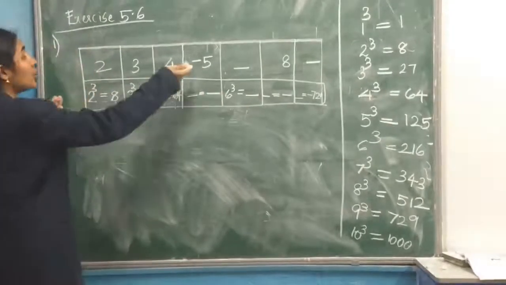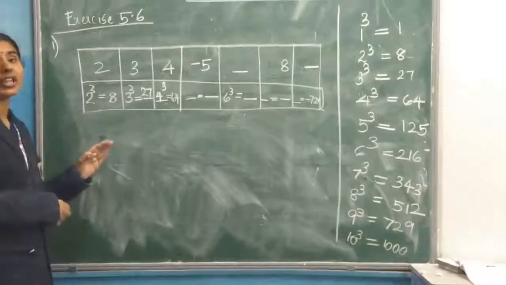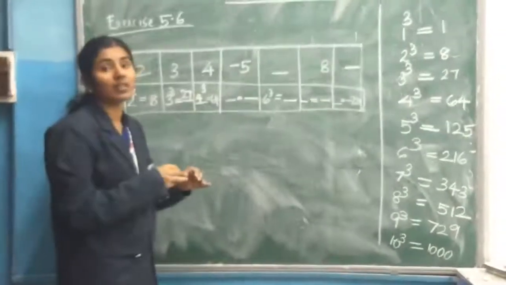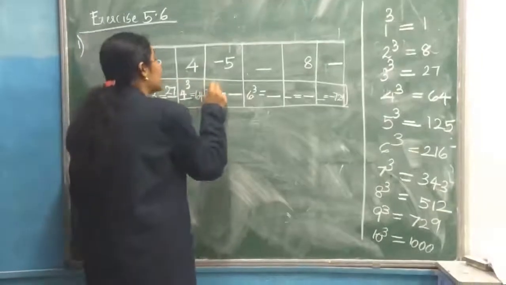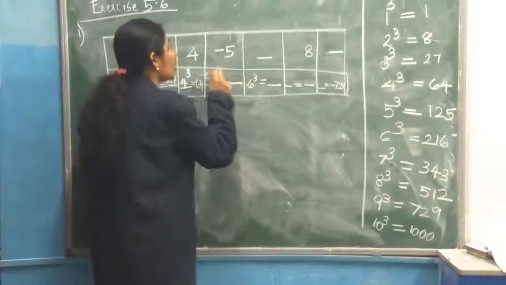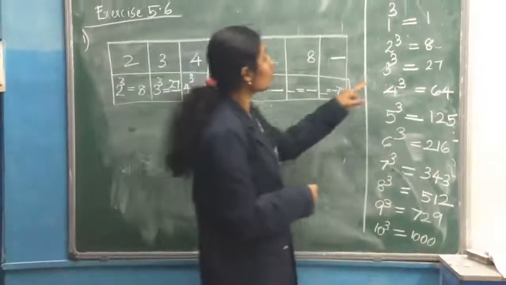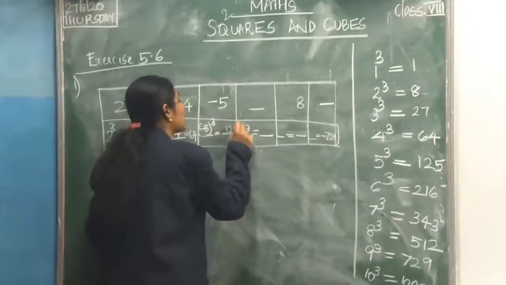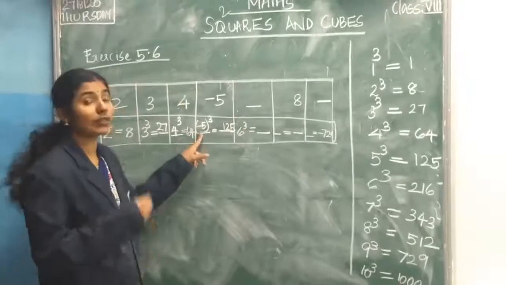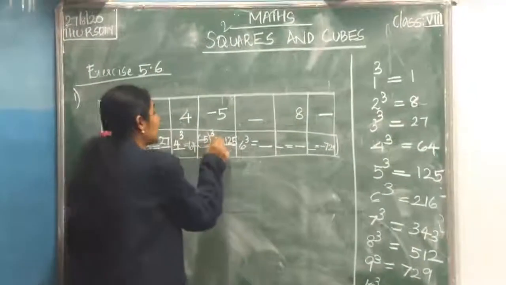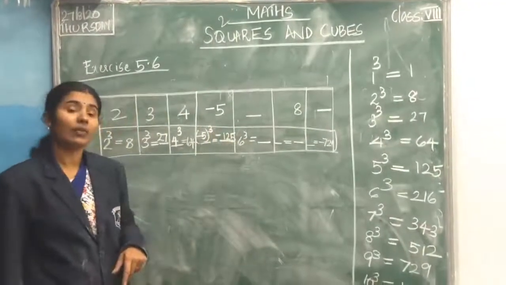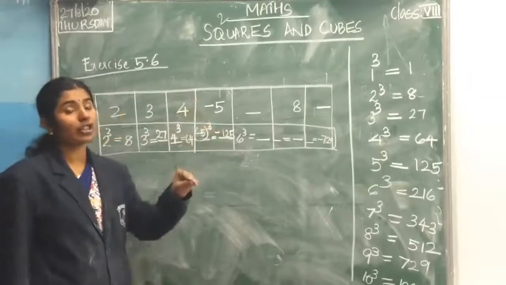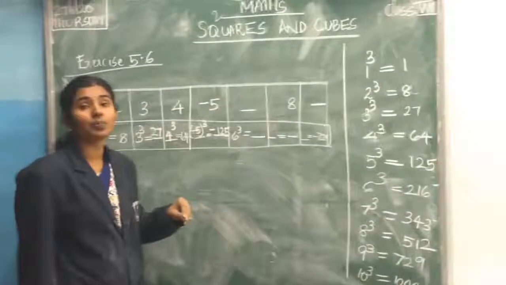Whichever number they are giving, you should take its cube and write down the answer. So -5 means -5 cube. What is -5 cube? 5 cube is 125. If you are taking the cube of a negative number, you should give a negative sign.